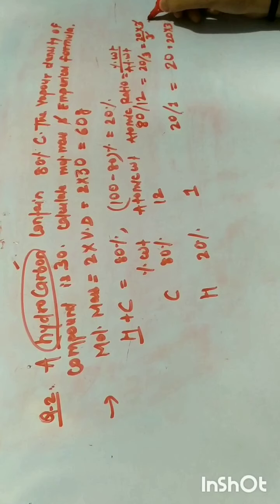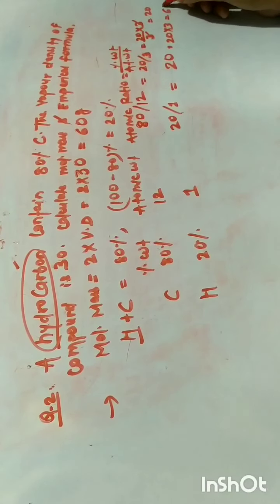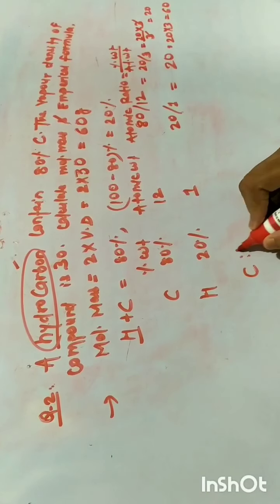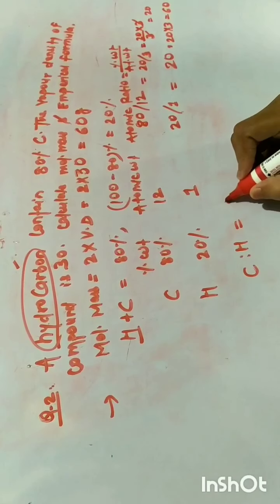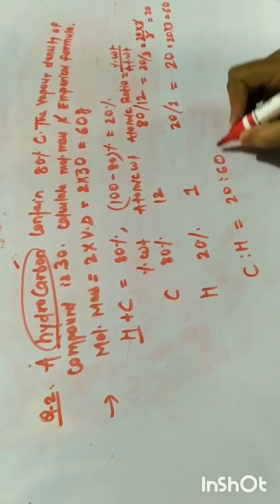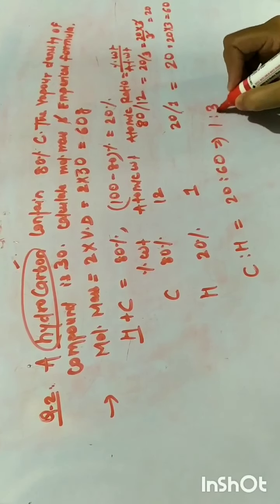The 3 cancels out, giving 20 and 60. So the carbon and hydrogen ratio is 20 to 60, that is 1:3.